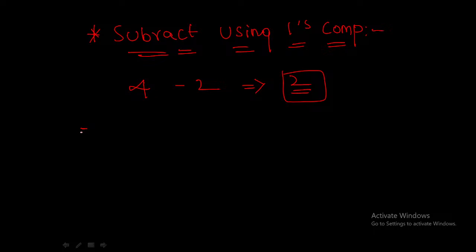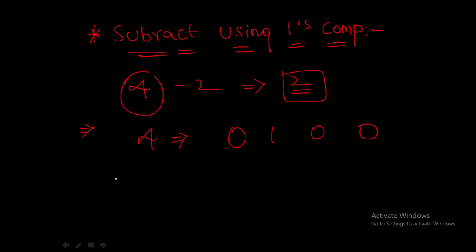First step is we should represent the numbers in 1's complement form. So plus 4 is represented as it is. We have seen that, right? In 1's complement form, positive numbers are represented as it is. So plus 4 is nothing but 0, 1, 0, 0.